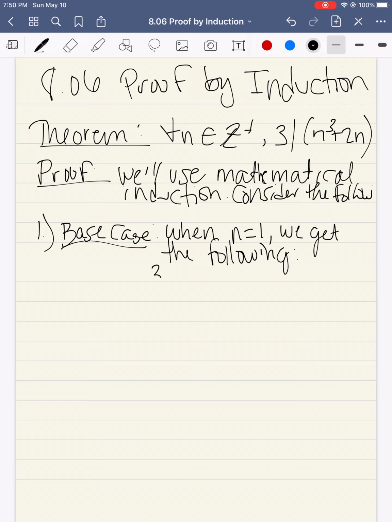So we would have 3 divides the quantity 1 cubed plus 2 times 1. And you must actually prove the base case. It's going to be really simple to prove, but we still have to do it. Basically the proof is just going to be simplifying our expression and showing that whatever value we get is divisible by 3. So we must prove this statement.